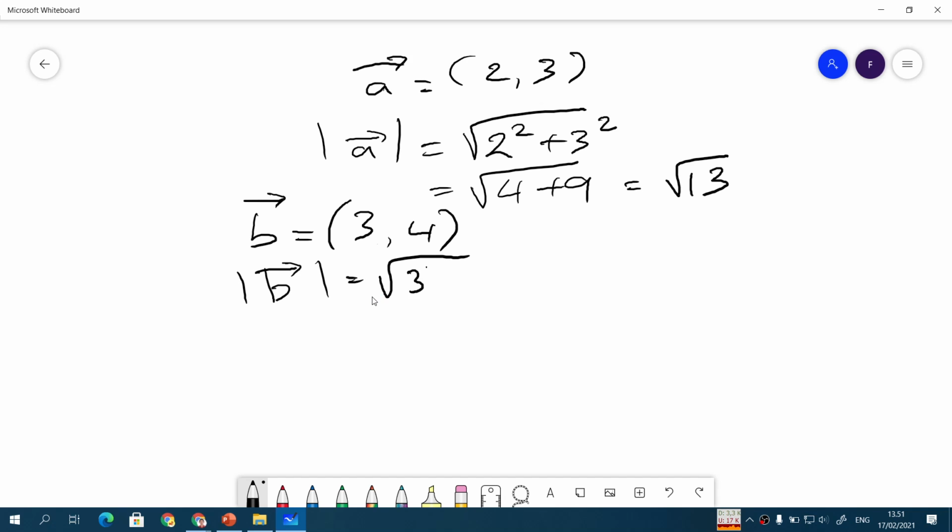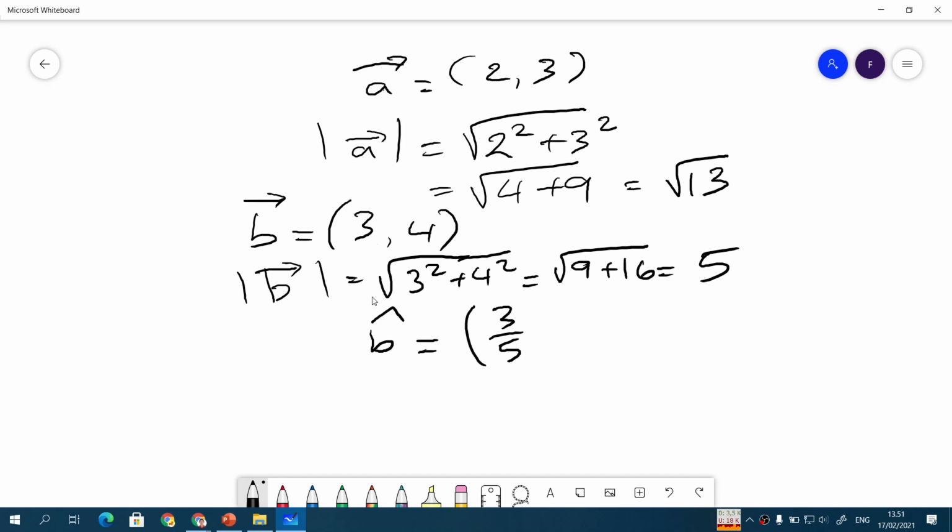The square root of 3 squared plus 4 squared, which is 9 and 16, summed together. This is 5. So I can create p hat, which is the unit vector from p, equal to 3 over 5 and 4 over 5.